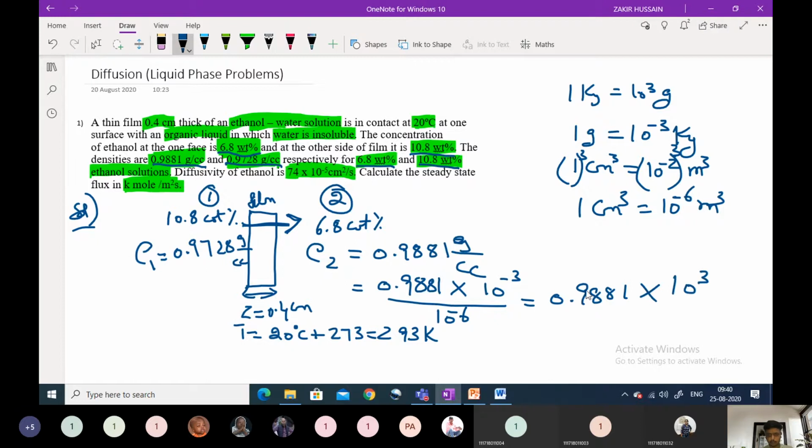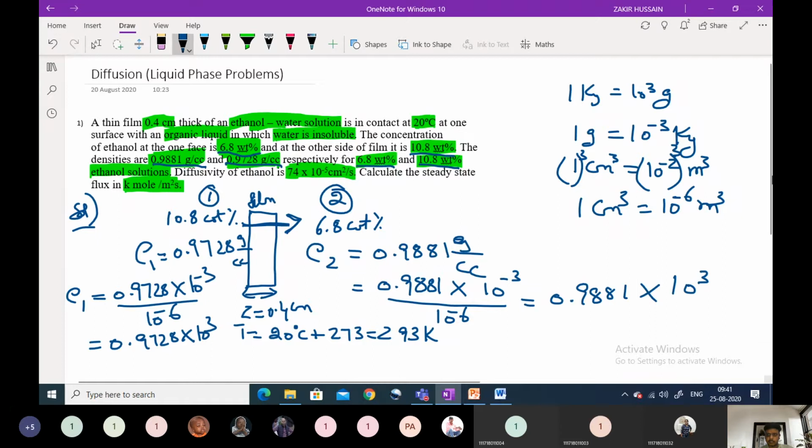So this is density rho 2. And similarly for rho 1 is equal to 0.9728 into 10 power minus 3 divided by 10 power minus 6, is equal to 0.9728 into 10 cube, is our rho 1.